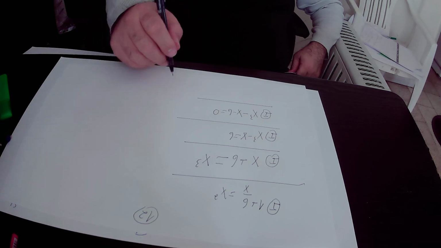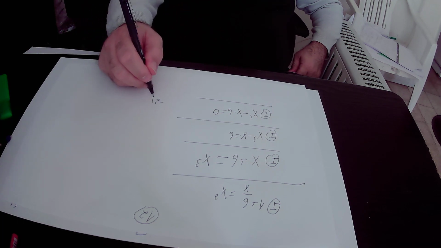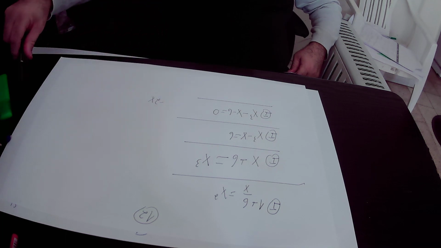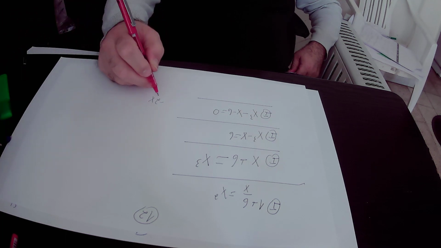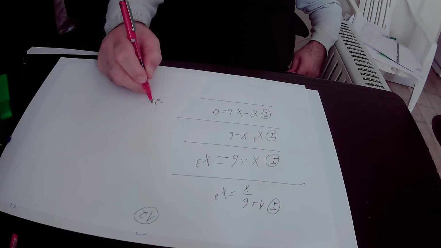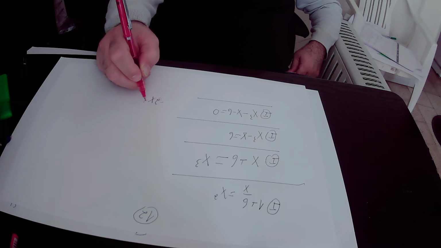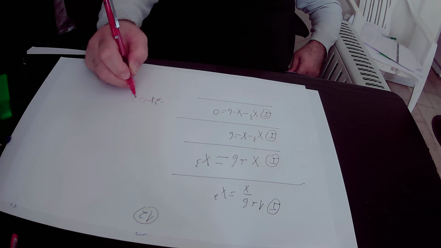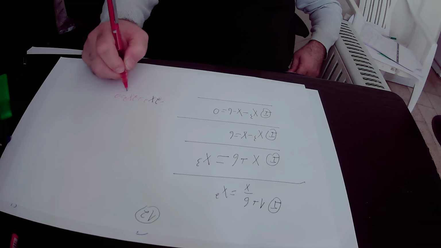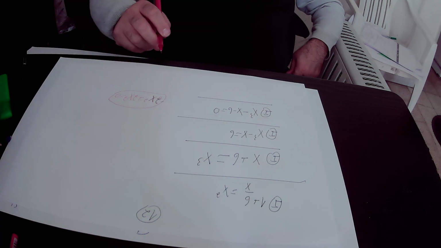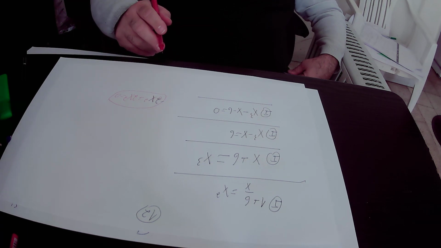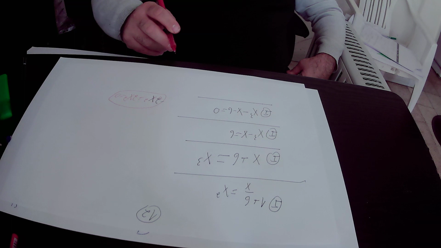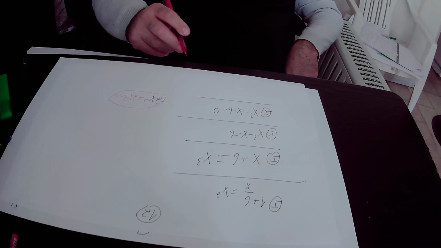We know that minus 2x squared plus 2x squared equals 0. So it is allowable to add 0 to any equation.